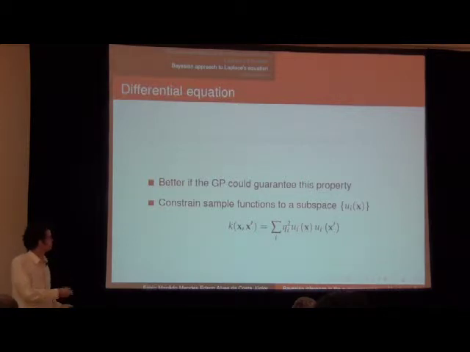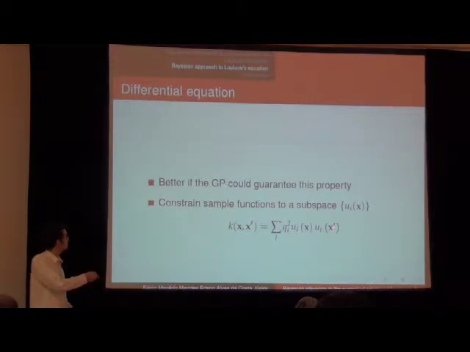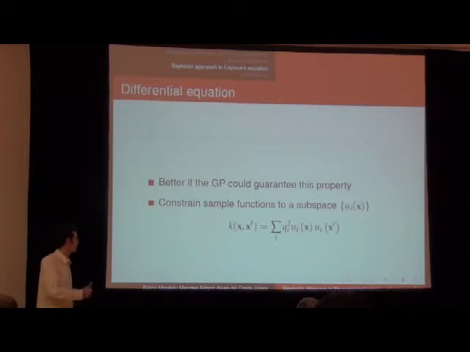To do this, you only need to write your kernel as a summation of these functions, with a weighting factor that tells us how important each function is a priori in this summation. So that's what I'm going to do.